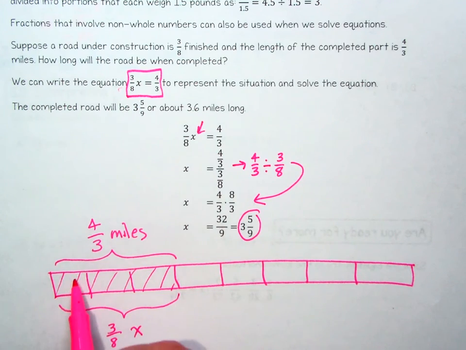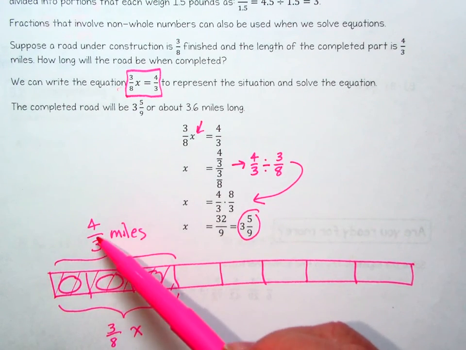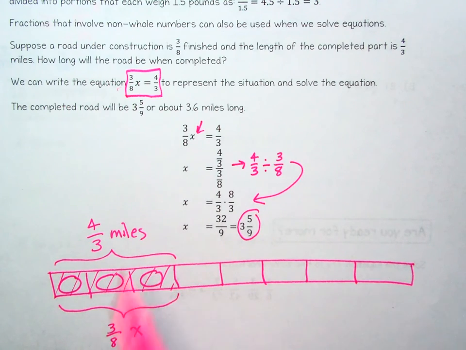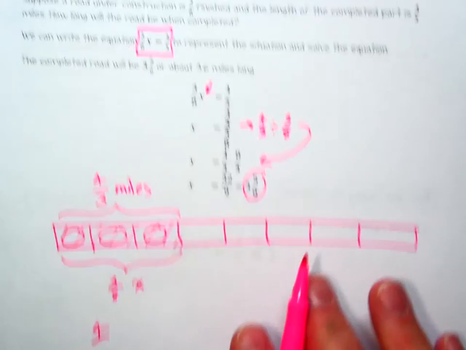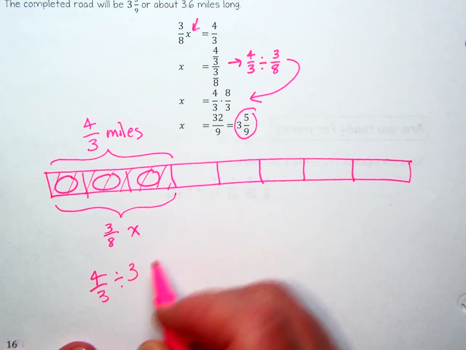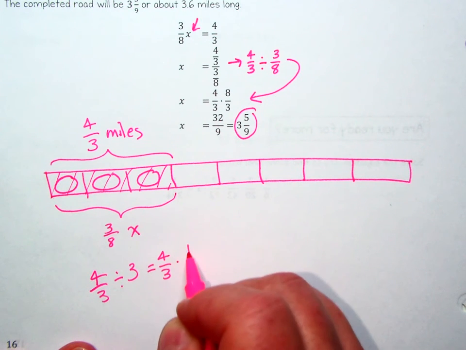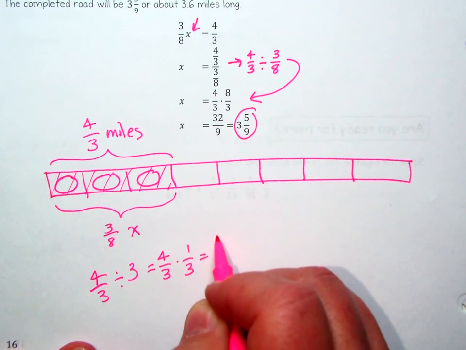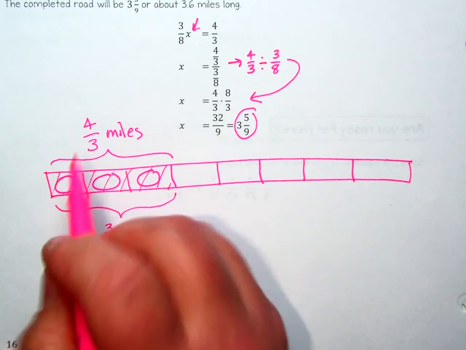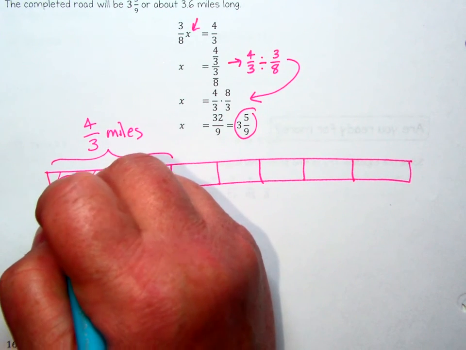So if I want to know how much each of these sections is, it's going to be 4/3 divided by 3. So 4/3 divided by 3 is the same thing as 4/3 times 1/3, so it's 4/9. So each of these sections is equal to 4/9.